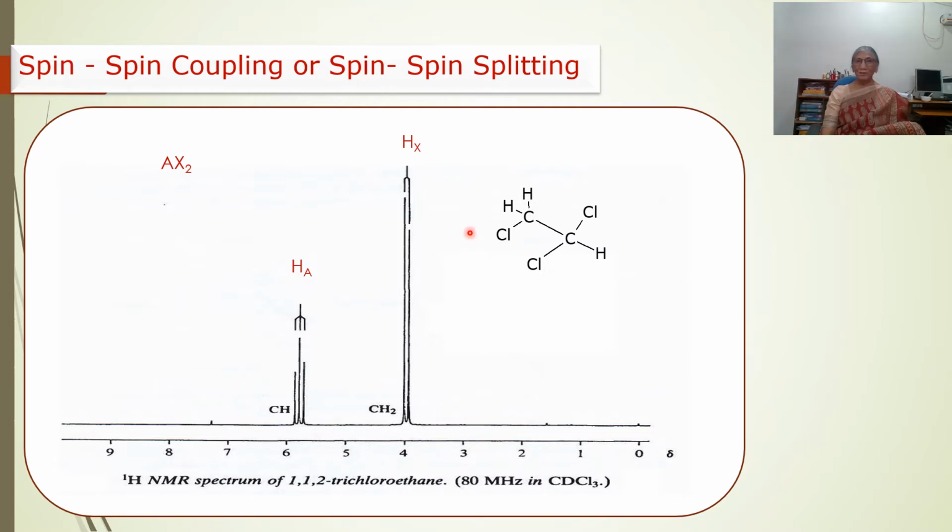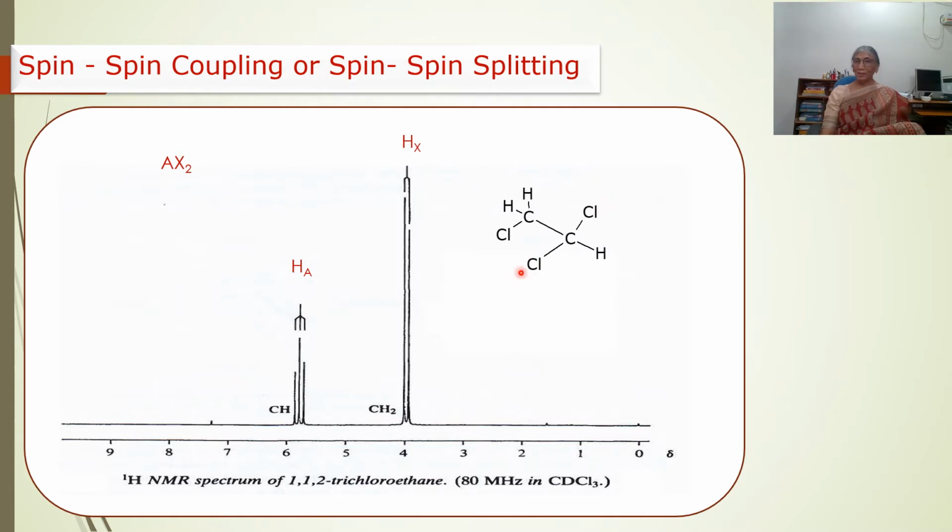One signal because of the methine proton and one signal because of the two methylene protons. The methine proton will be more de-shielded as compared to methylene protons because it is present on the carbon atom which is bonded to two chlorine atoms.